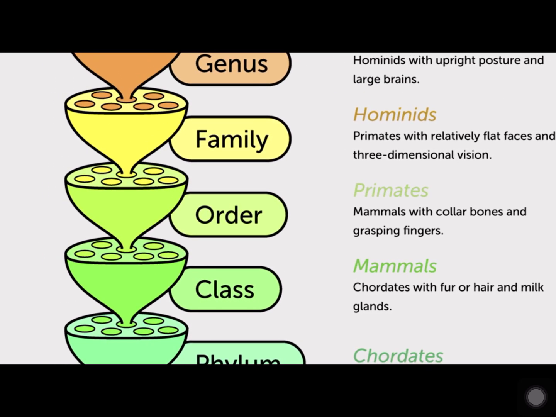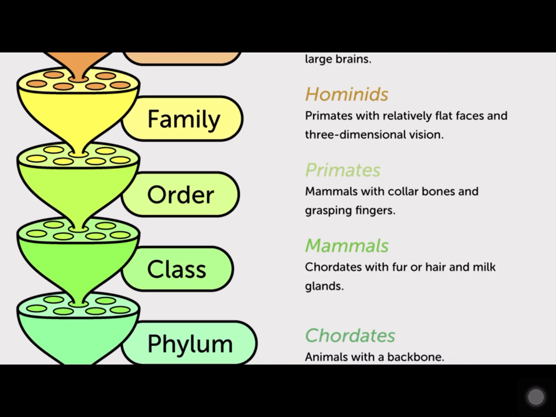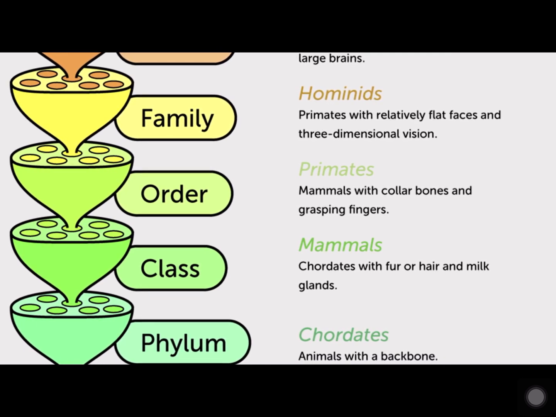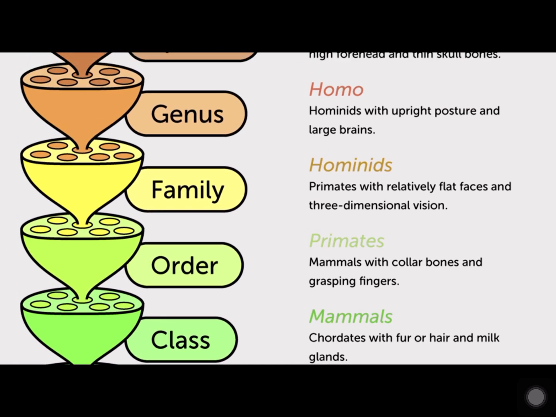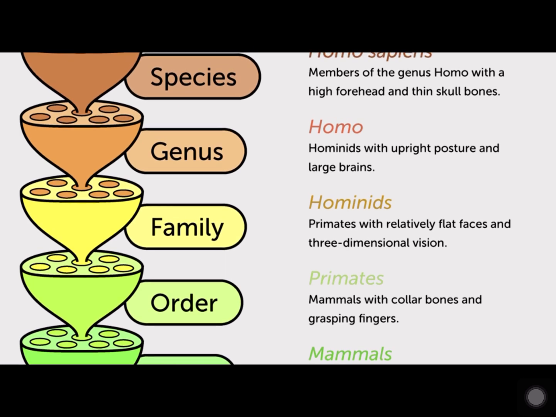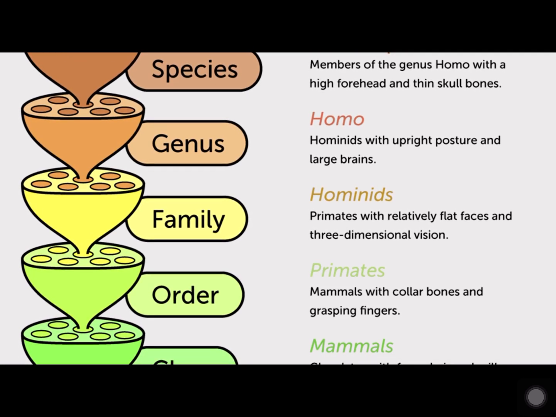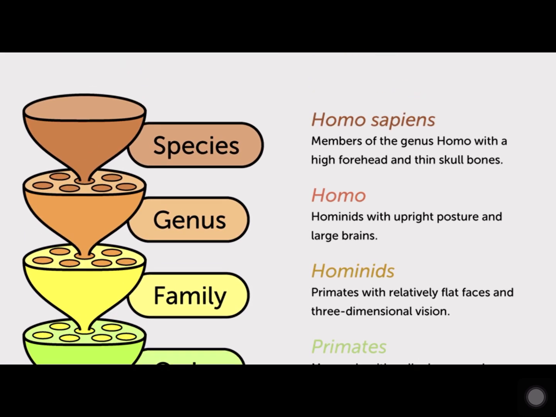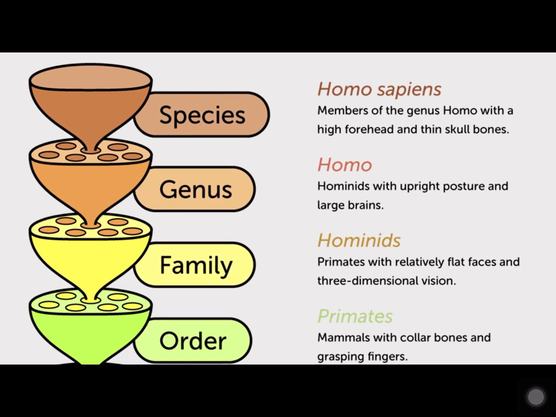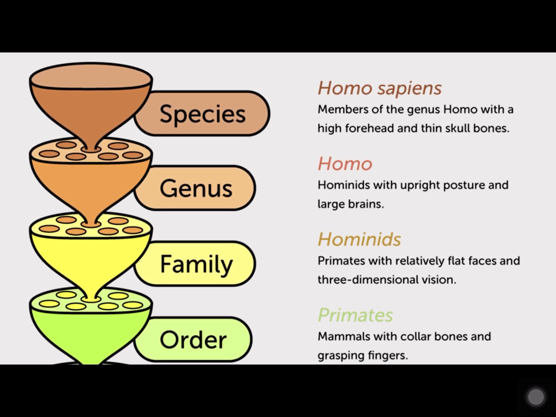Class, mammals: chordates with fur or hair and milk glands. Order, primates: mammals with collarbones and grasping fingers. Then family, hominids: primates with relatively flat faces and three-dimensional vision.